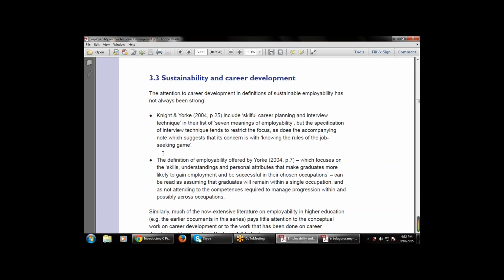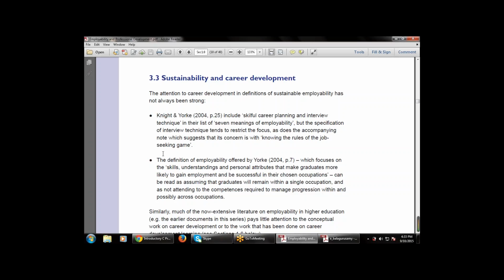That can be read as assuming that graduates will remain within a single occupation, not attending to the competencies required to manage progression within and possibly across occupations.